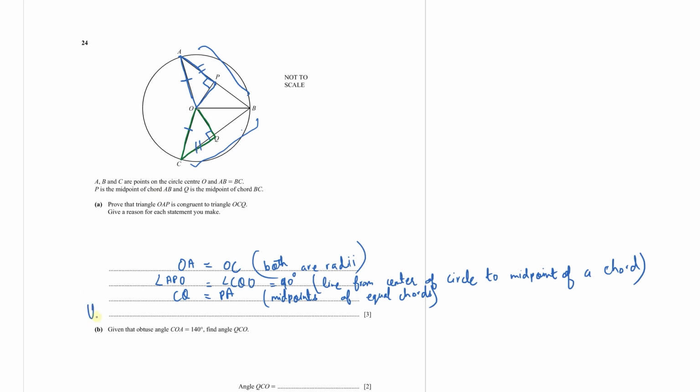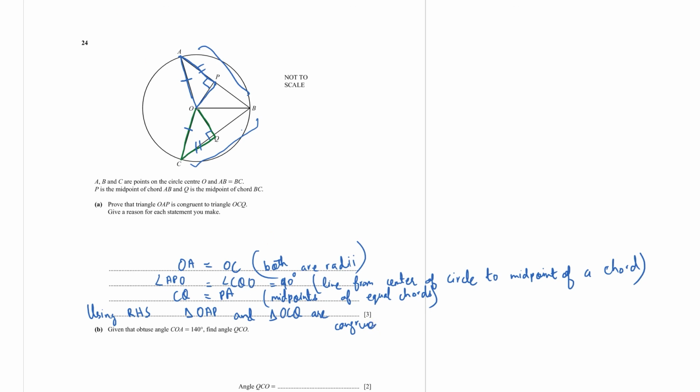So using RHS, triangle OAP and triangle OCQ are congruent.